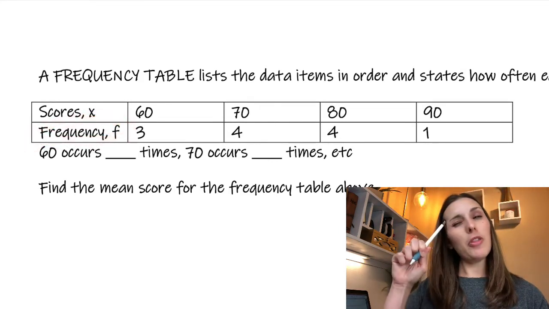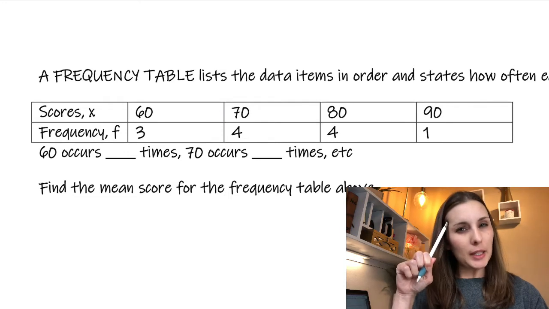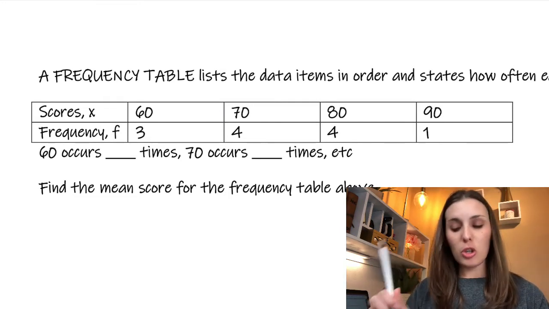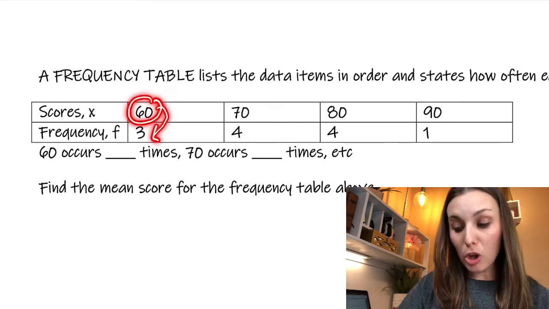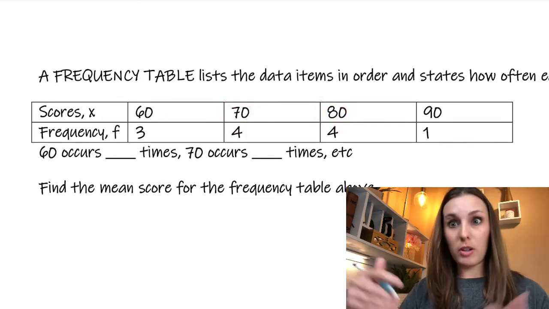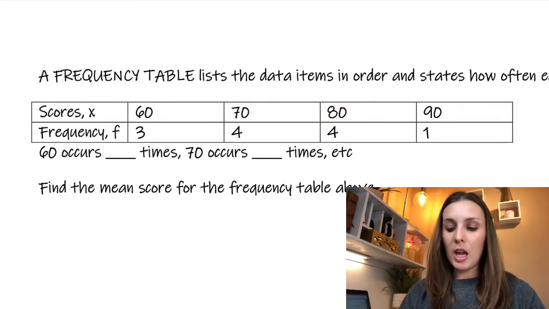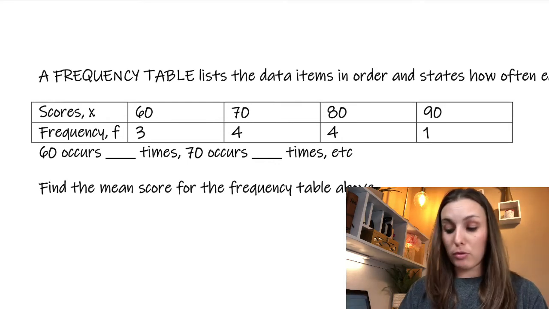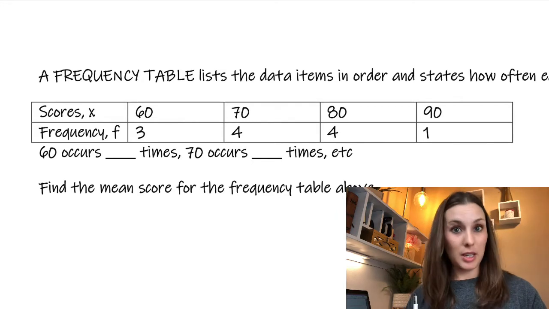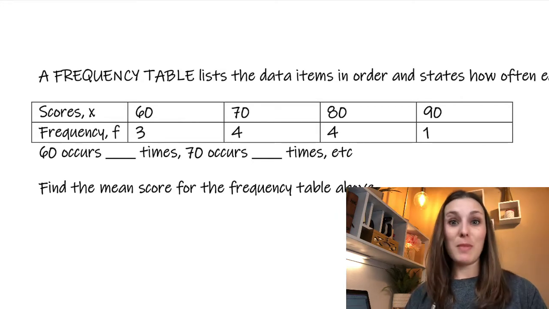Frequency, if you think about the word frequency, what does that mean? How often it occurs. So 60 occurs 3 times. 70 occurs 4 times. 80 occurs, and so on, okay? So frequency is saying, for example, this is scores on a test, so 3 students made a 60. 4 students made a 70, and so on.